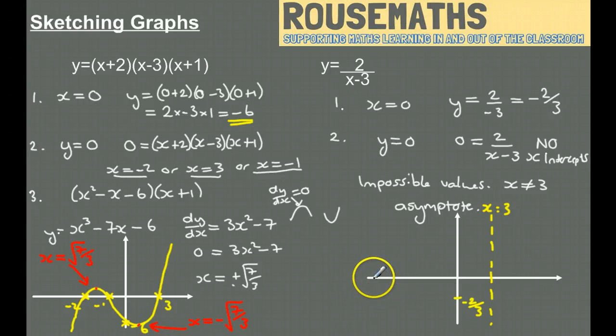When x is really negative, quite a big negative number, it will just be a very small number, because 2 divided by a very big negative number is going to be a very small negative number, and you get this shape here.